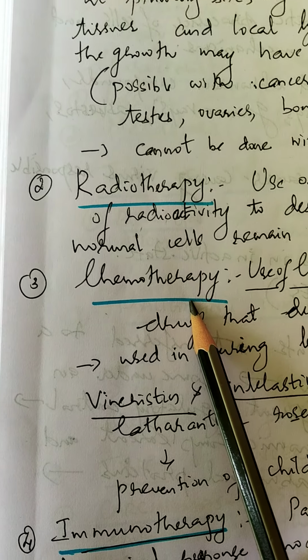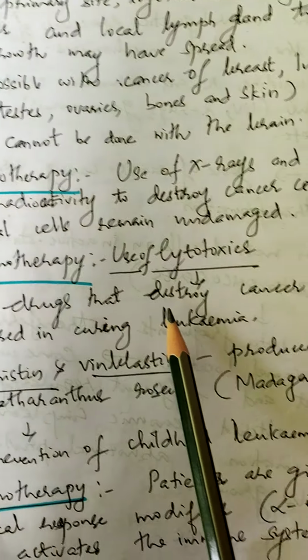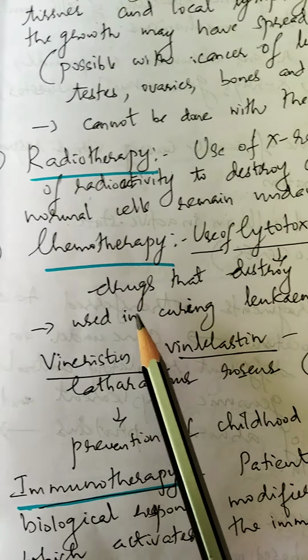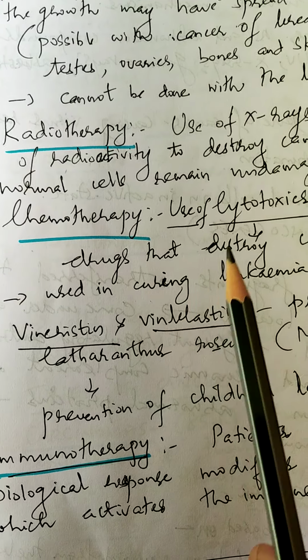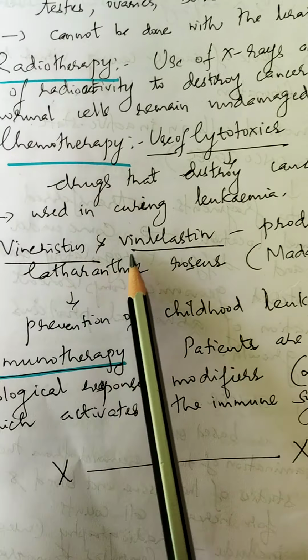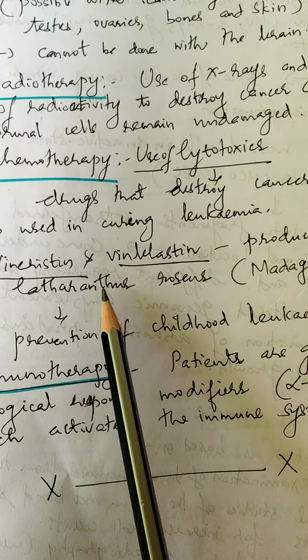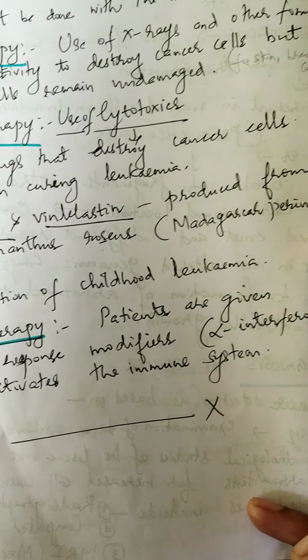Now third treatment is chemotherapy. This mainly involves the use of certain drugs which we call cytotoxics. Drugs that destroy the cancer cells we call cytotoxics, and these are mainly used in the treatment of leukemia or blood cancer. And there are two anti-cancer drugs called vincristine and vinblastine, which are produced from the plant Catharanthus roseus, commonly called Madagascar periwinkle.